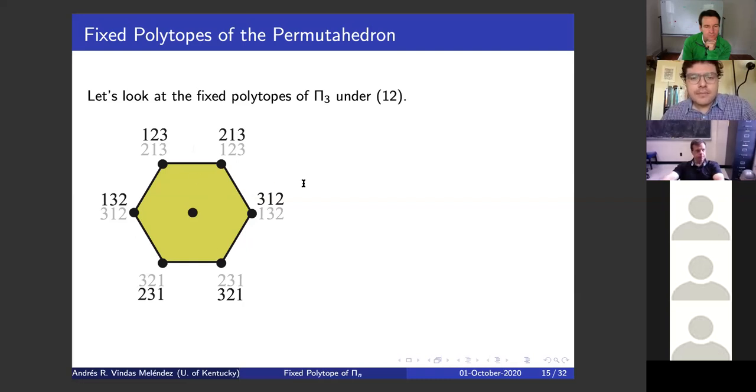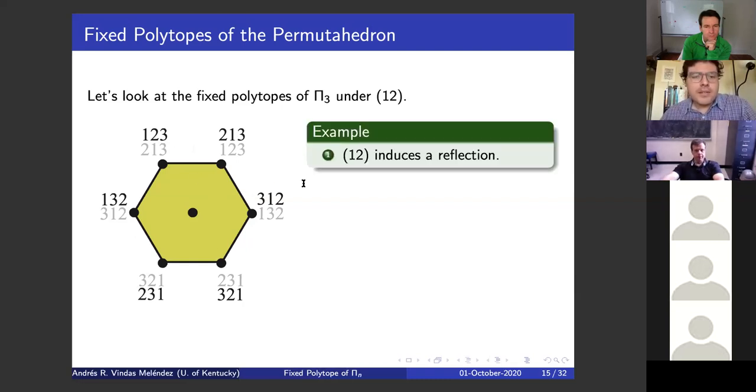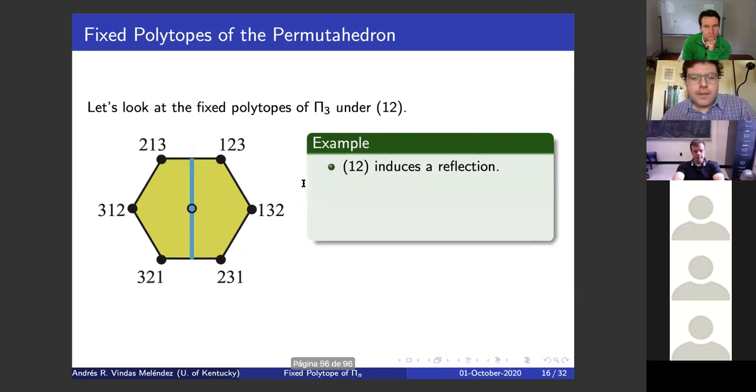Well, 1, 2 induces a reflection, on this hyperplane, right? And it turns out that this blue line segment here, and I'm sorry if you can't see some of my colors, I should have been more mindful of that, but hopefully by me pinpointing, you'll see what I'm talking about. This line segment is the fixed polytope in this case, okay?